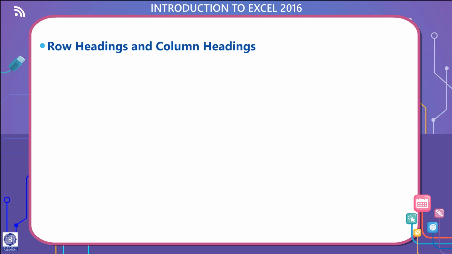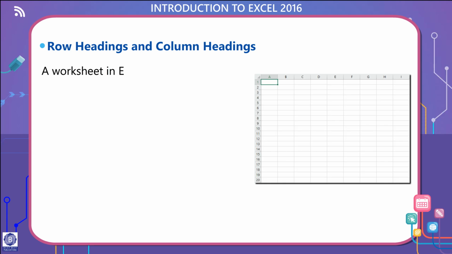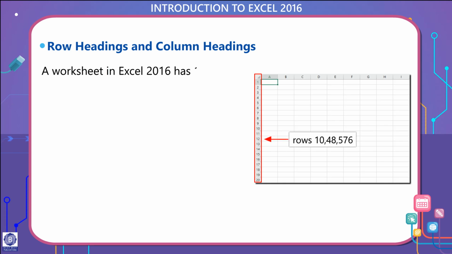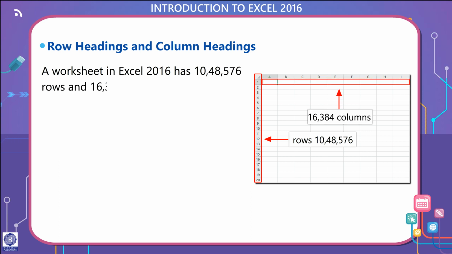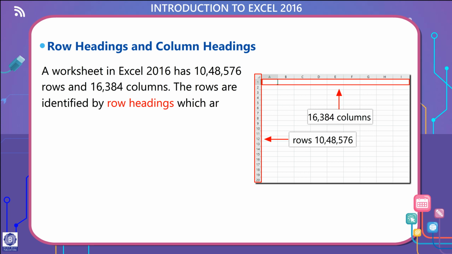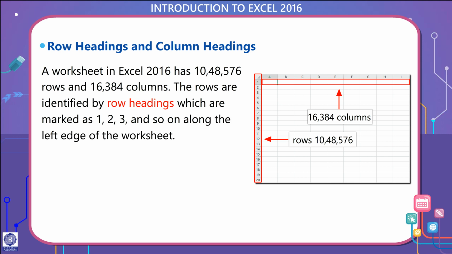Row headings and column headings. A worksheet in Excel 2016 has 10,48,576 rows and 16,384 columns. The rows are identified by row headings, which are marked as 1, 2, 3, and so on along the left edge of the worksheet.